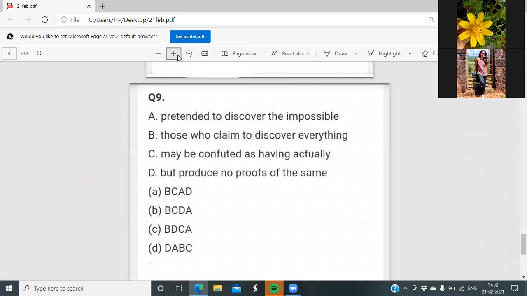Okay, to break the ice, the correct answer is option C. Now, whoever has answered anything apart from option C, I want you to read.